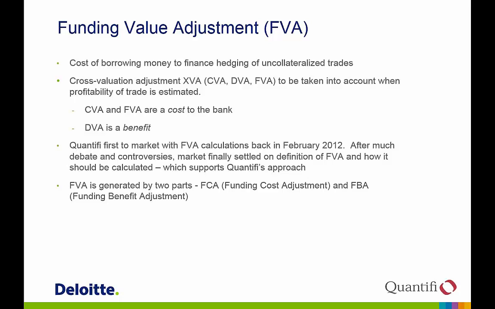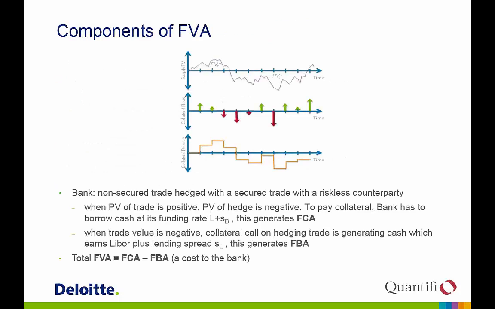So what exactly does the cost of borrowing money to finance hedging of uncollateralized trade mean? Imagine the bank which has a non-secure trade with some corporate, and this trade is hedged through a secure trade with maybe not a riskless counterparty, but a counterparty like another bank with which this bank has a CSA and is fully collateralized.